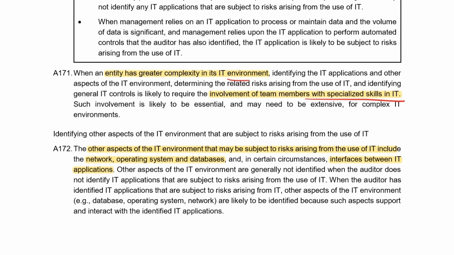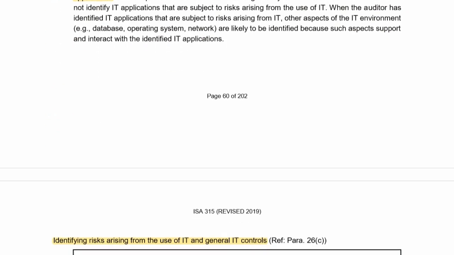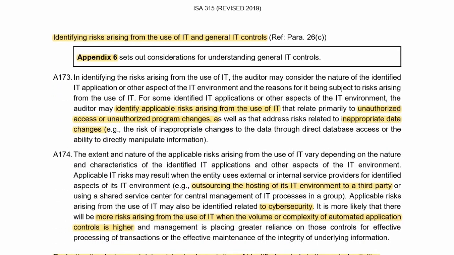And then it discusses what we've just done in those advanced computer information systems, the risks because of a network, operating system, database, interface between IT applications. And then the general controls, Appendix 6. And then they note here, additional risks for using IT, unauthorized access, unauthorized program changes.